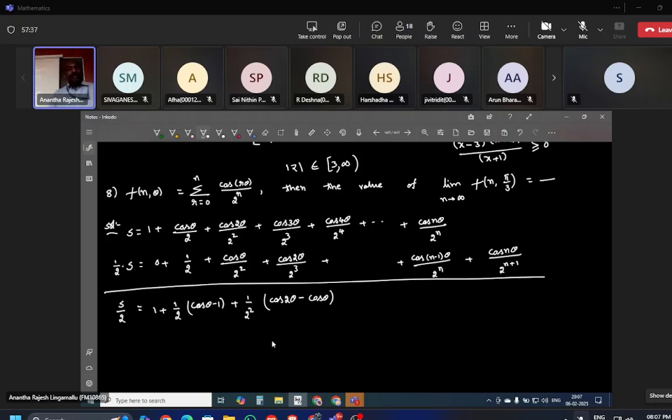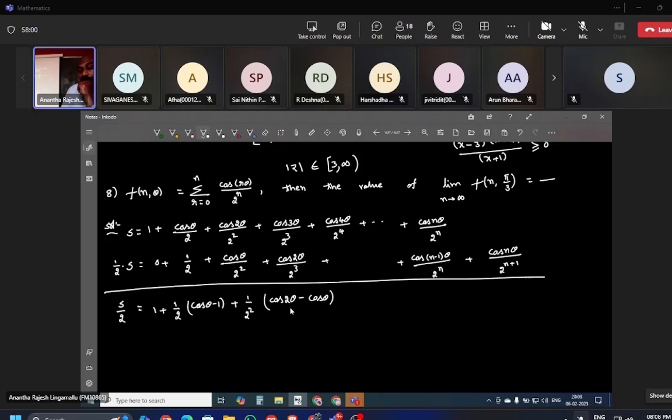What I'm thinking is, after doing something like this, whether we can get a telescopic series or not. If I get a telescopic series, then I can cancel the terms. Here cos theta by 2 came, but here minus cos theta by 2 square came.